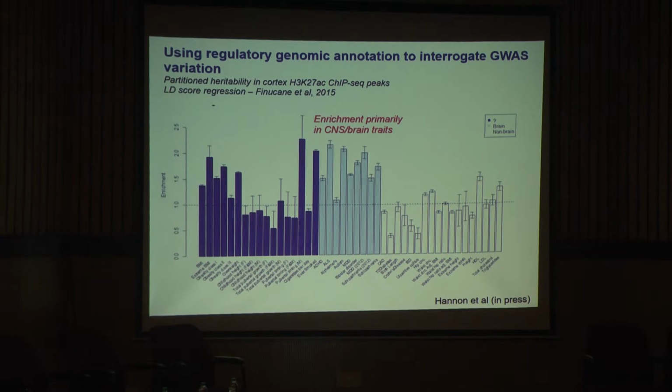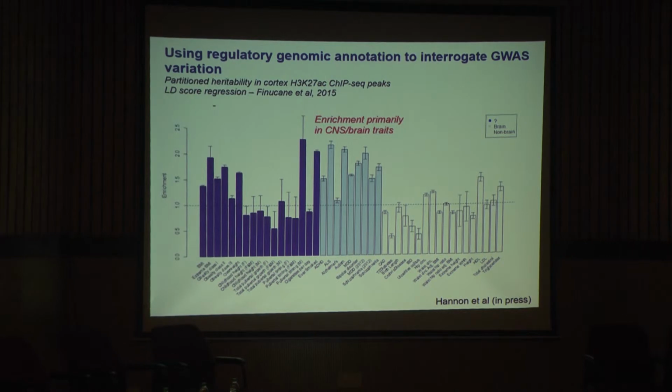And this is specific to brain disorders. If you look at non-brain disorders, those are the bars on the right, you don't see any such enrichment. So immediately, this tells us that it's really important to start understanding those regions of the genome that are transcriptionally active in the relevant cell or tissue type.